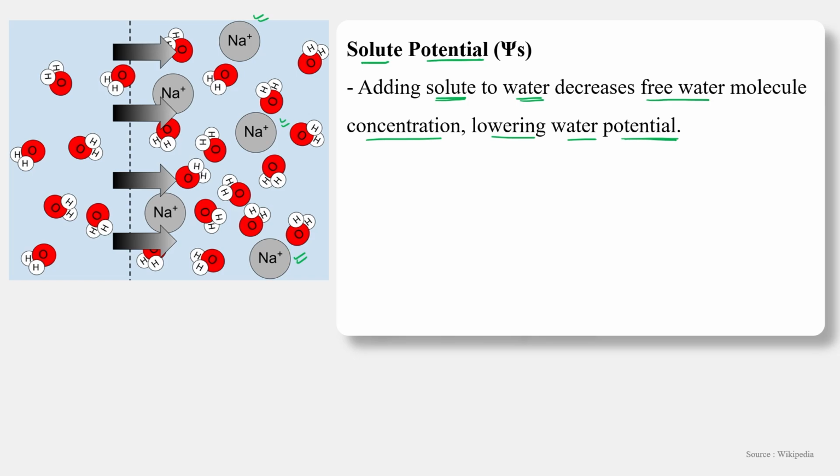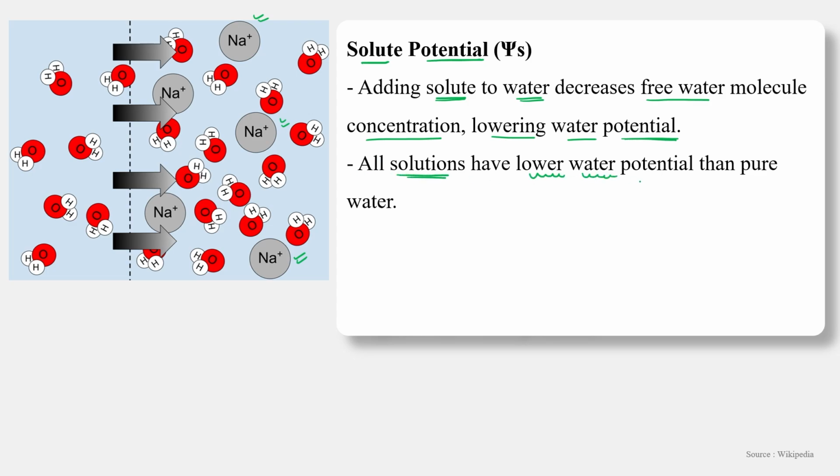So it decreases the free water movement, or we can say the kinetic movement of water, so it lowers the water potential. So all solutions have lower water potential than pure water.